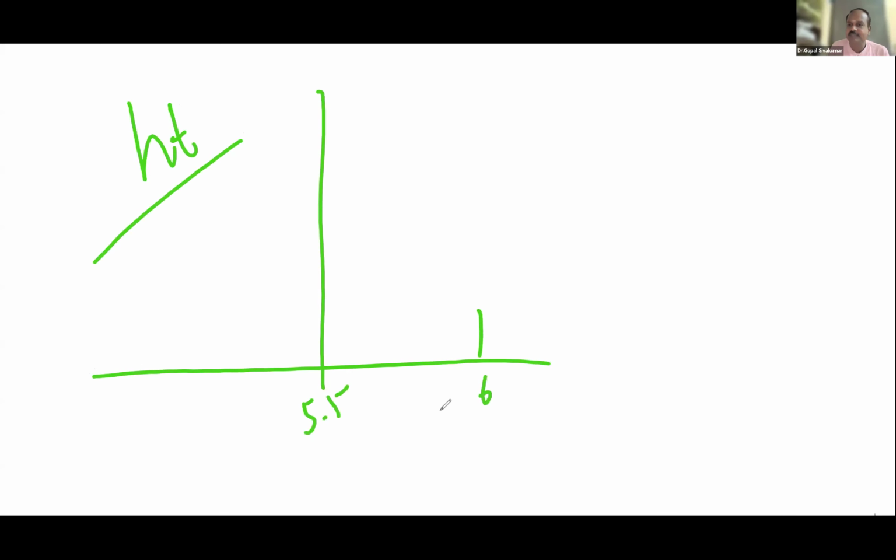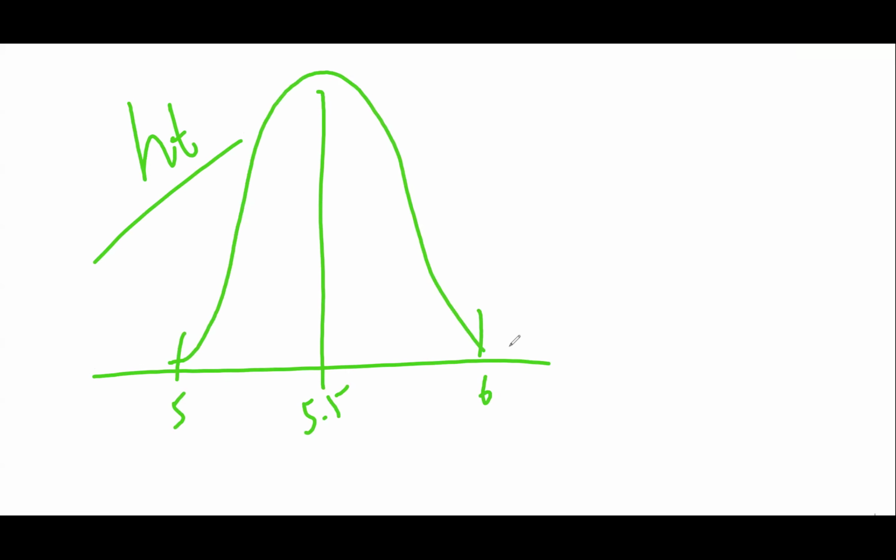Maximum height will be 6 feet, and minimum height may be 5 feet. Now I know all of you will be in this range only. The 6 is my upper control limit. The 5 is my lower control limit. Majority will have a height around 5.5. Now, how many of you have a height above 6 feet here? Can you raise your hand? Very few, isn't it?